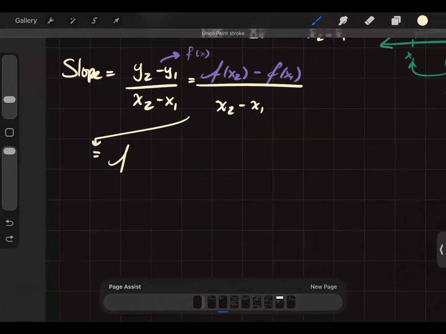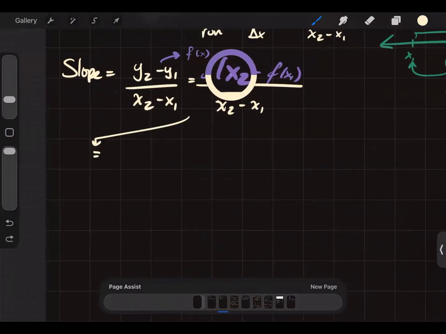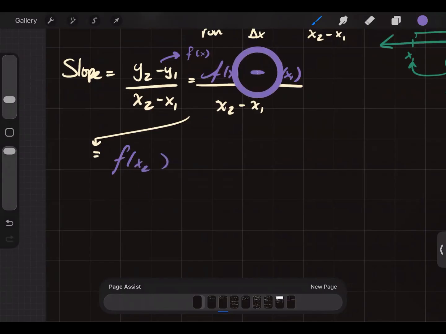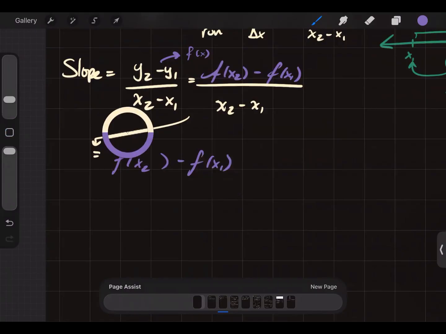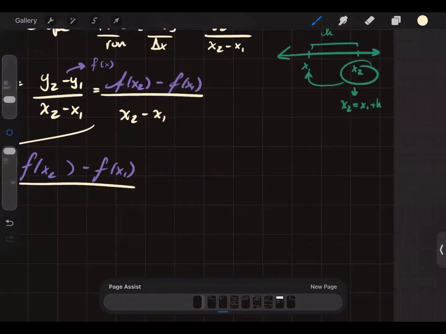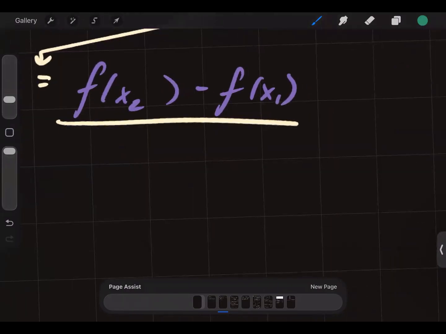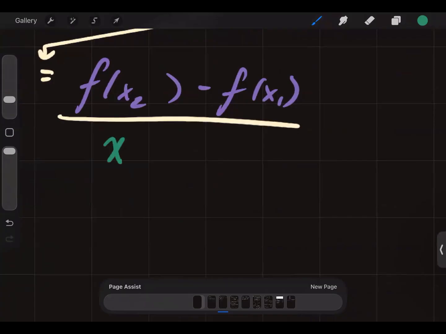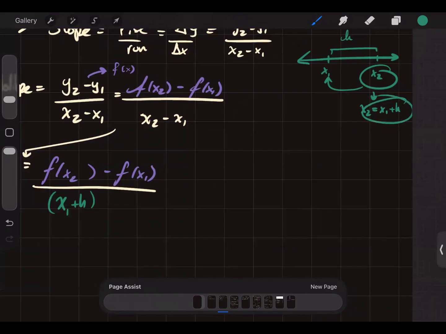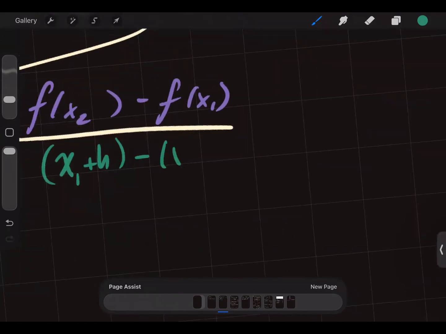I'll write it in purple for you so you can see a little bit better. f of x2 minus f of x1 all over x2, or x1 plus h in parentheses, minus x1, right? But fundamentally, we have a little oopsies in the sense that x2 doesn't exist anymore.